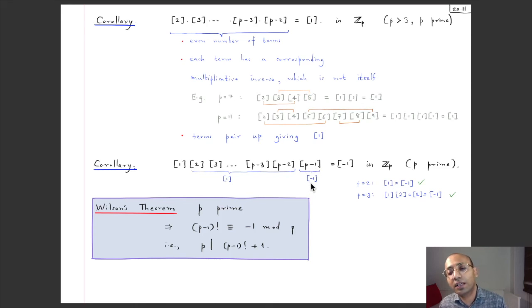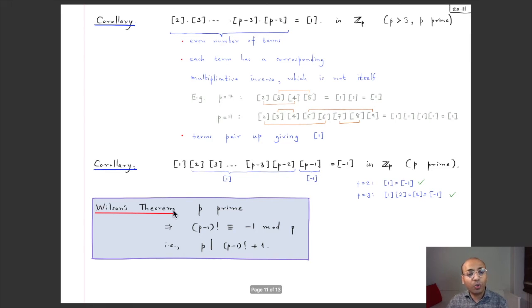But that we had seen earlier, and that is clear because p does divide the difference of p minus 1 and minus 1. Indeed, p minus 1 minus minus 1 is p minus 1 plus 1, which is equal to p, and p does divide this. So this equivalence class is the same as this one, and so this whole product is just the equivalence class containing minus 1. And so we have proved this corollary for all primes p.